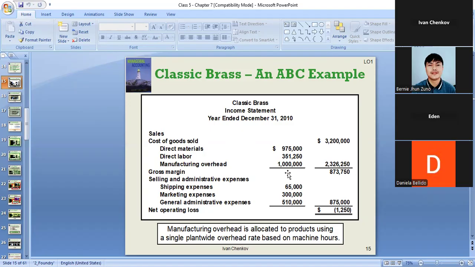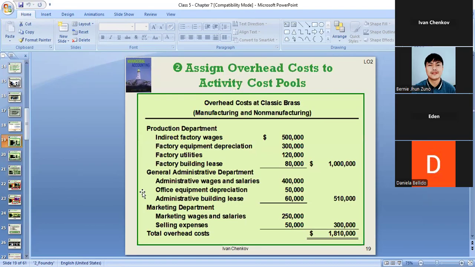So we're going to play with the 1 million plus 300 plus 510. So that will give us $1,810,000 in cost. We're going to try to find out if there is anything we can do about these costs. Again, the 1 million comes from the indirect wages, factory equipment, factory utilities, factory building leases.